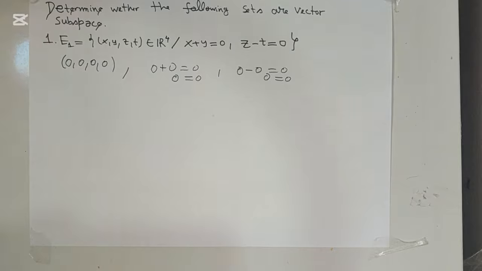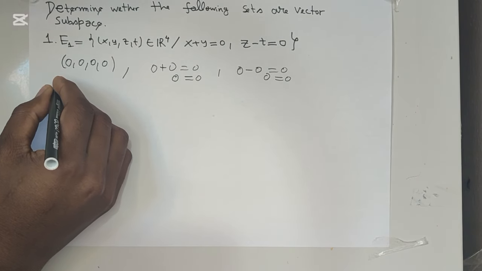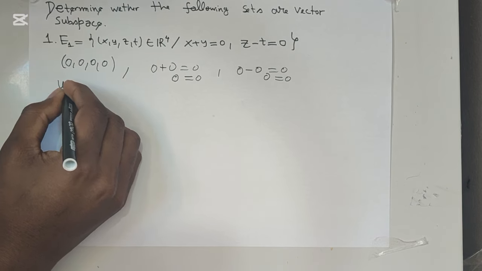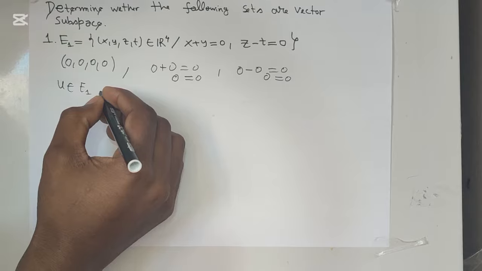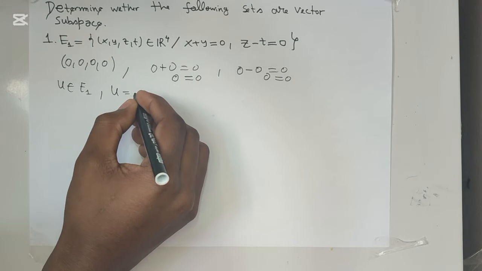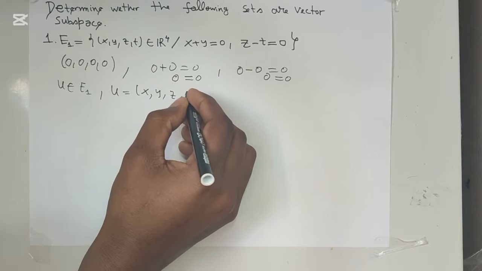The second one is the set must be closed under addition. Let me remind you what I mean by that. Adding two vectors in the set must keep you inside the set. For instance, if I have u, and I say that u belongs to A1, and for sure u must contain four elements.